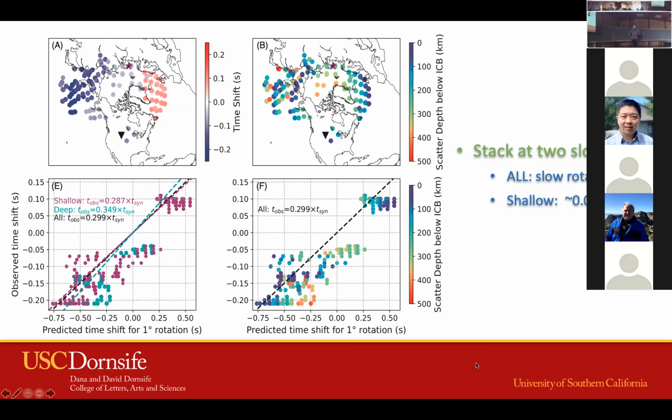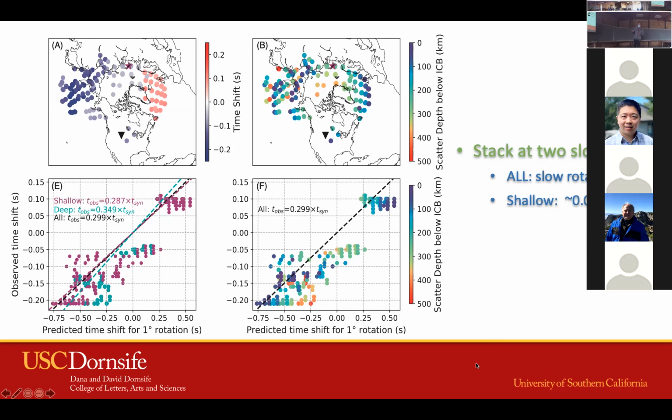When we compare the results, we find a clear linearity between the prediction and the observation. And the slope is the rotation amount. We find that the rotation amount is almost 0.3, which means 0.1 degree per year.